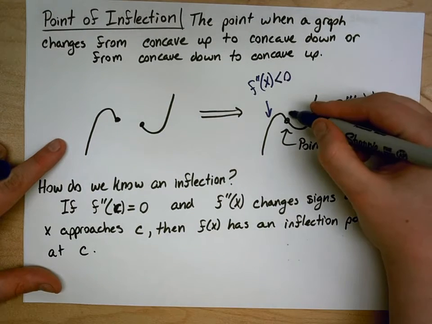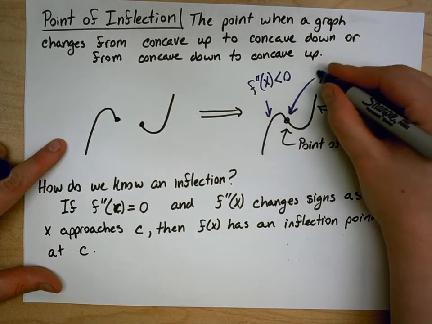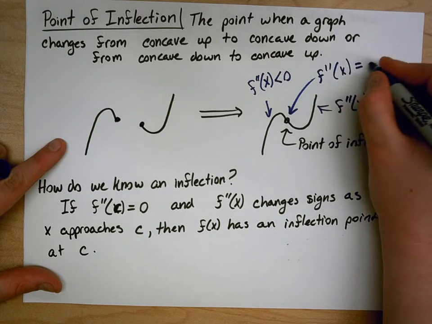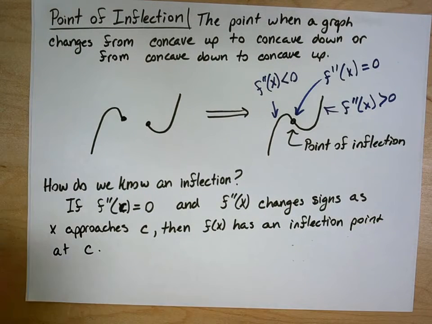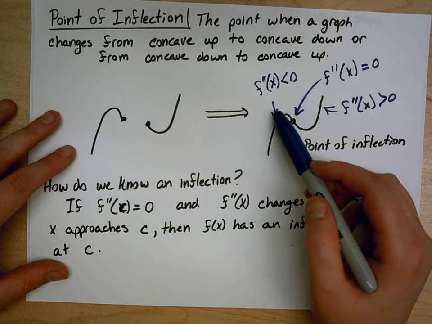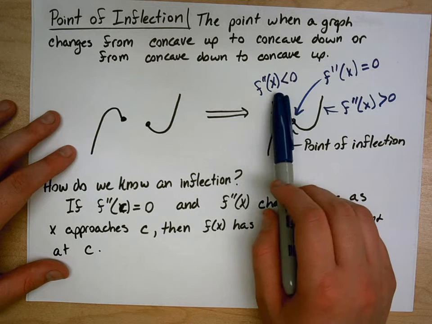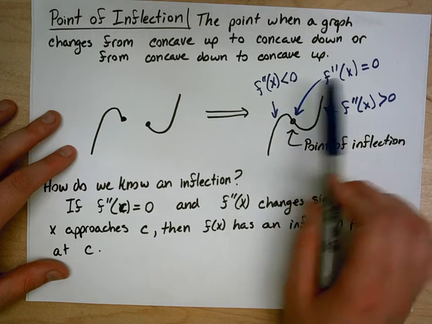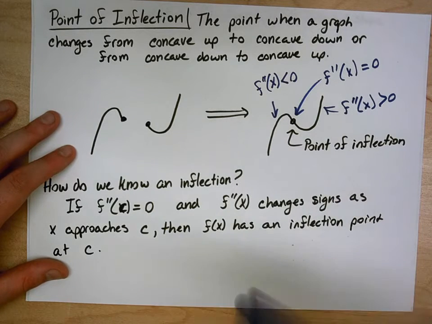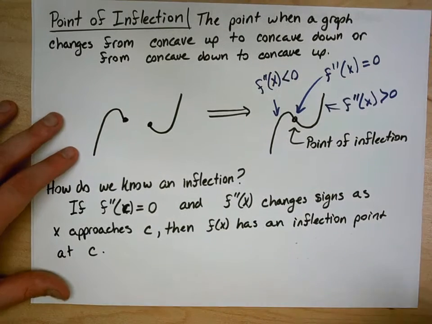So this point of inflection here is when f double prime of x is exactly equal to 0. Now let's say for some reason we have a point where that's 0, but the sign doesn't change. Let's say that it was negative, and then it hit 0, and then it continued to be negative. That would not be a point of inflection.